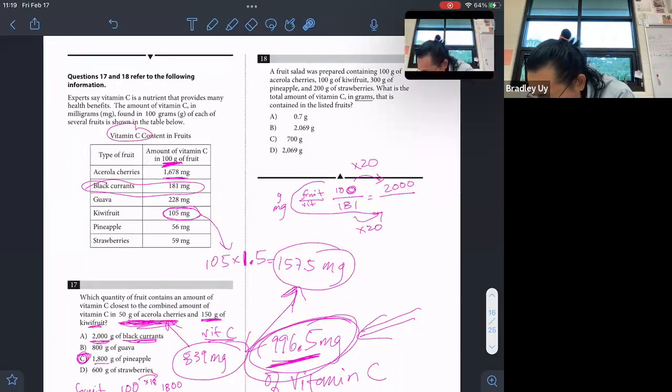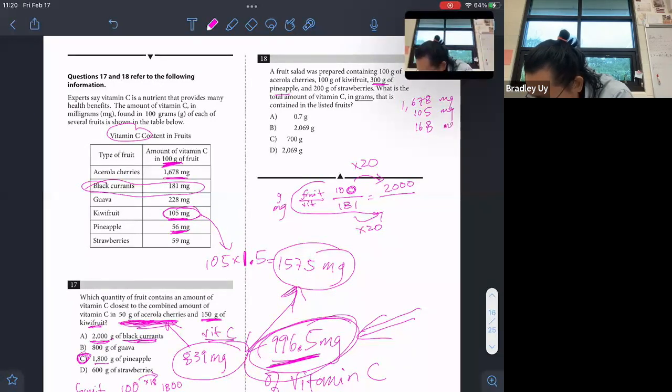That's 1,678 milligrams. These are all in milligrams, mind you. 100 grams of kiwi fruit. We could take this number straight, 105. 300 grams of pineapple. We're going to take 3 times of that. So that's 168, I believe.